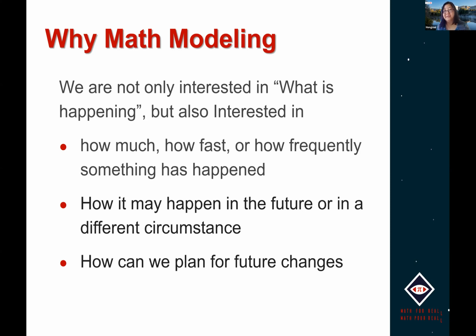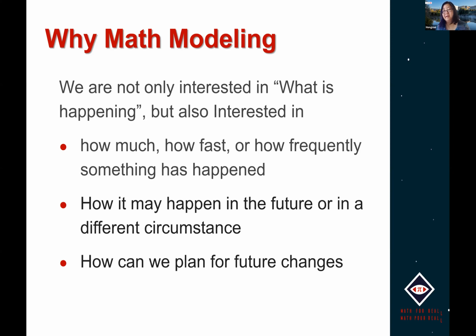So we use mathematics to extract the model and then simulate what could happen in the future, or what could have happened in the past. It gives us some ideas for understanding the world around us, and also helps us plan for future changes. So that's why math modeling is very important.